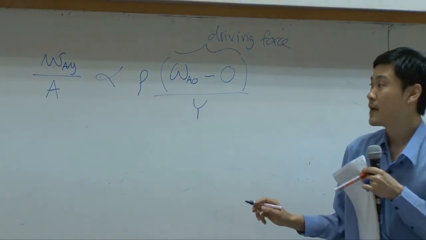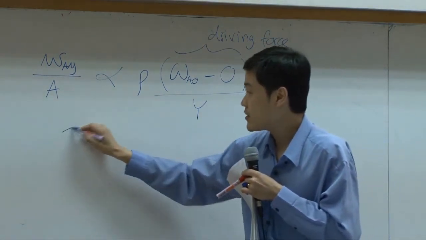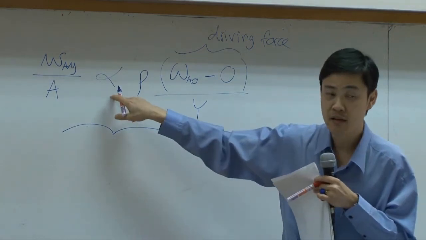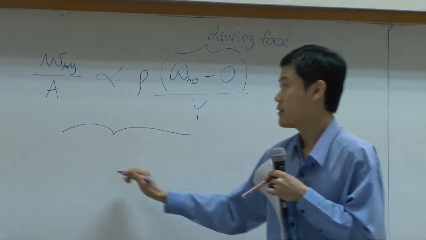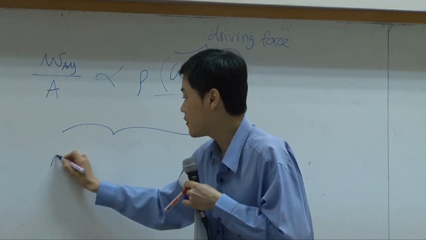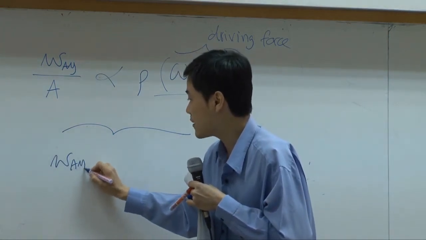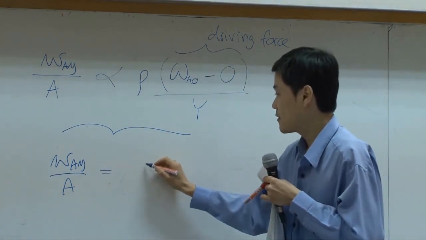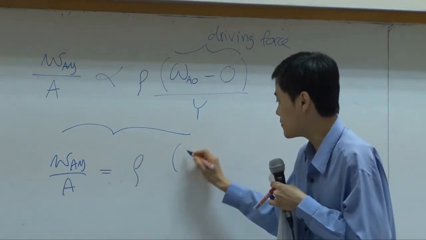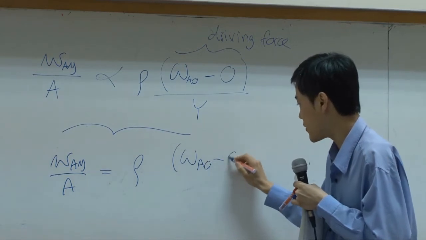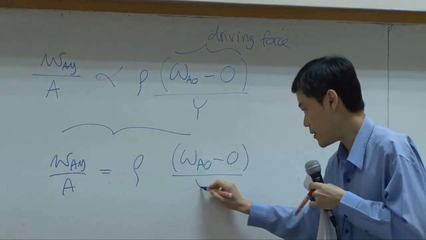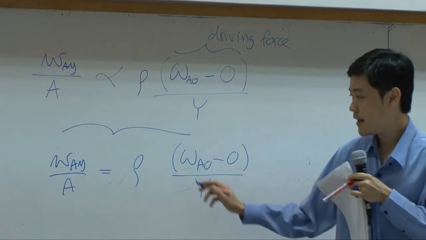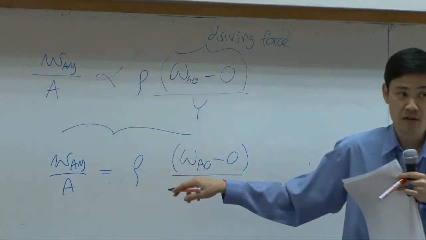All right? Now, I can change from proportionality to equality by writing down W_Ay over area equal to rho times omega A0 subtracted by 0, divided by Y. And add one constant here.